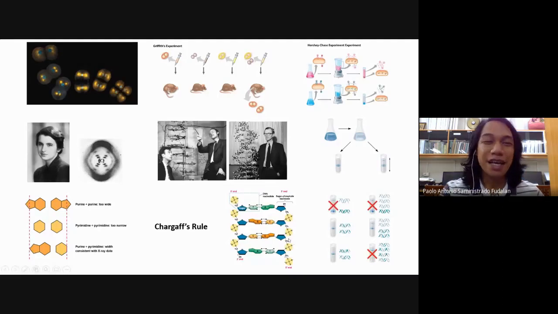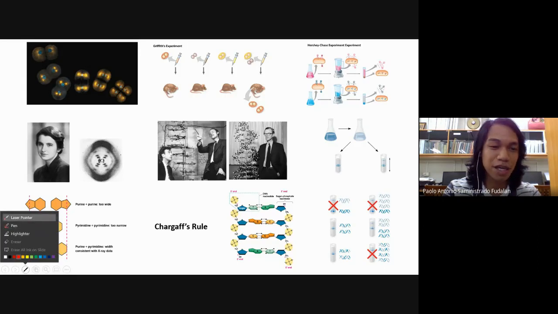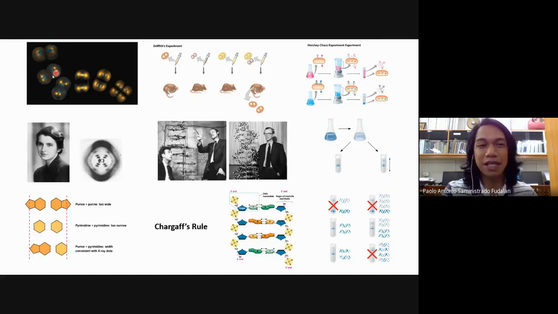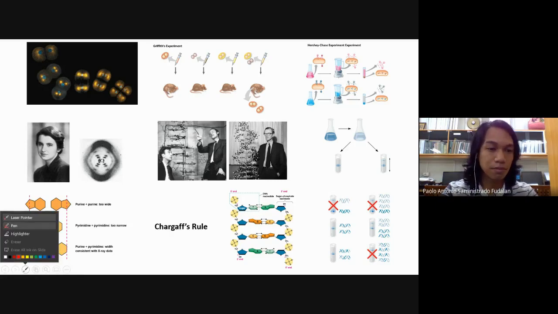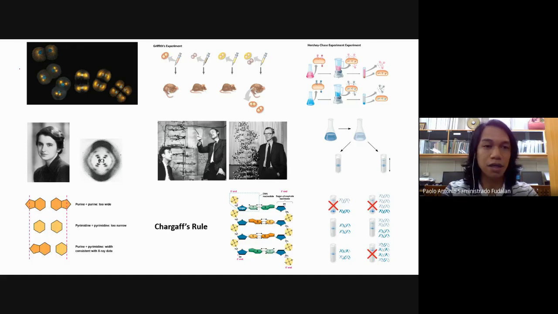So can anyone share to the group what's happening in the first two pictures here on top? Let me have my pointer. Let's begin here first. First two pictures. Anyone?